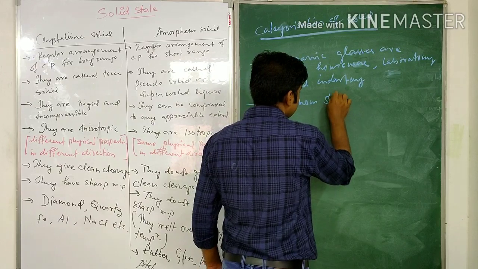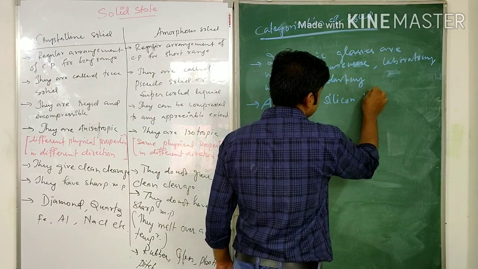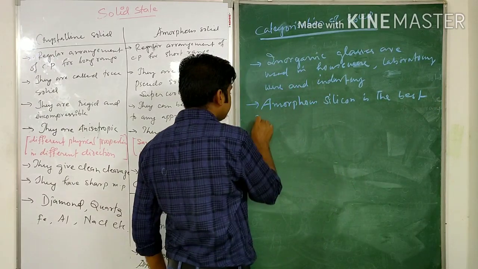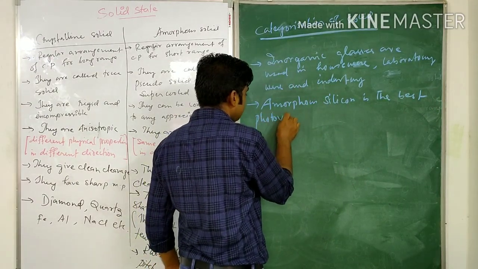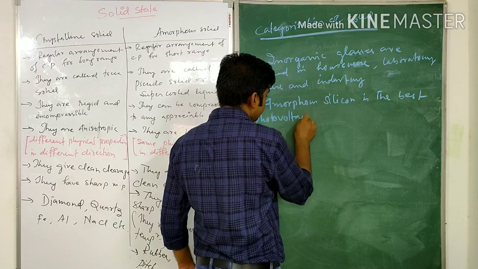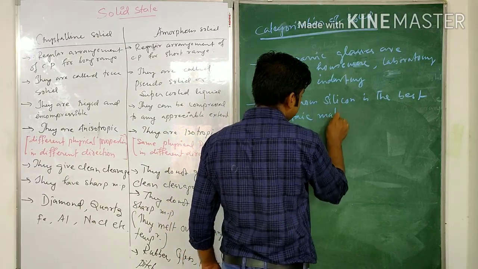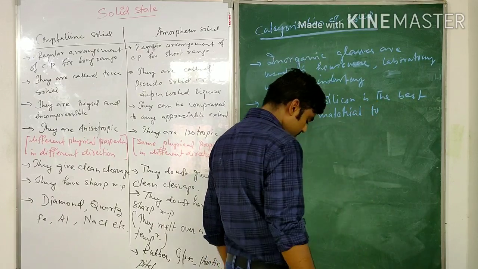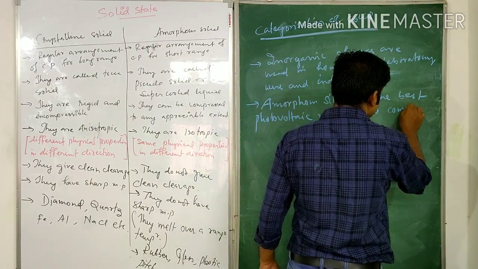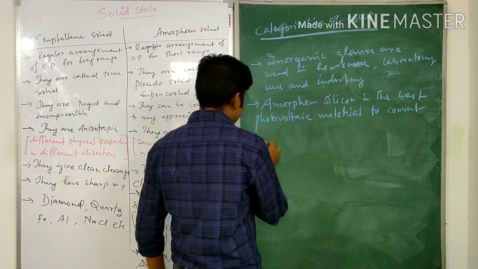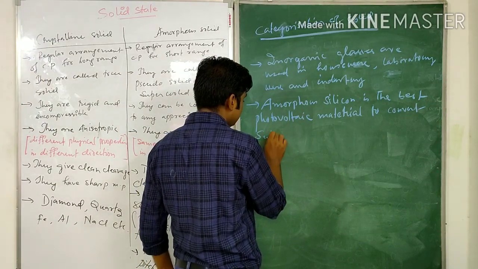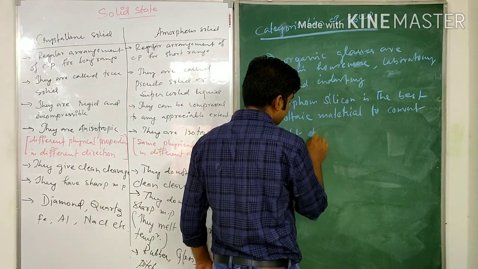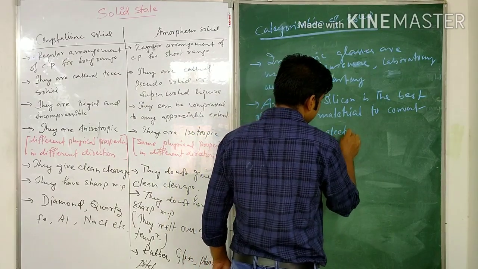Number 2, amorphous silicon. Amorphous silicon is the best photovoltaic material to convert sunlight to electricity.